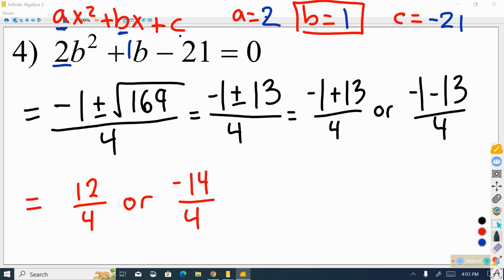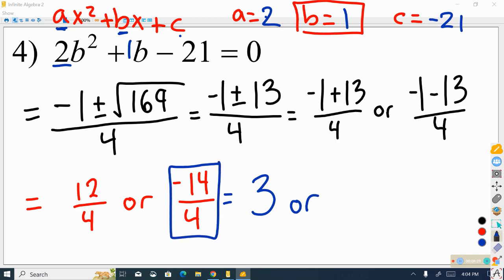Now I was happy to see some students got this right on their own at the end of the day. So 12 over 4 does break down into 3. One of my students that did get this problem all the way right got to this last step, and then left it like this. This isn't something you'd want to do on a test, especially the SAT or any other standardized test. They'll probably have you break that down.